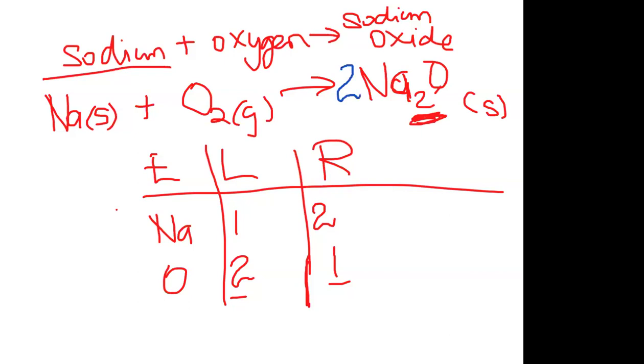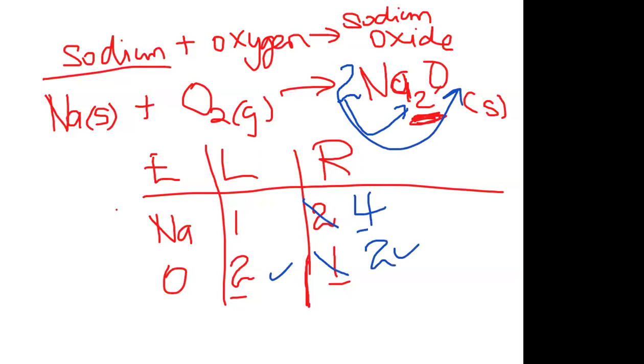Remember, that's what I've always been doing. When I put 2 in front of the compound, 2 will multiply by this 2 to give me how many sodiums? 4. 2 will multiply by this 1 oxygen to give me how many oxygen? 2. So my oxygens are balanced.